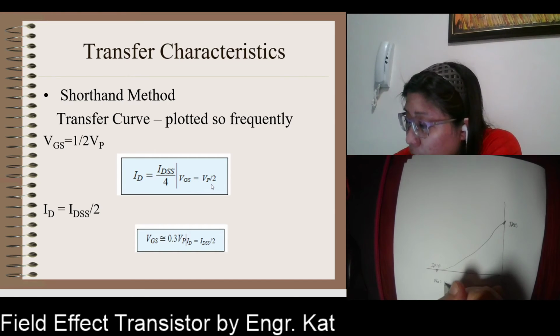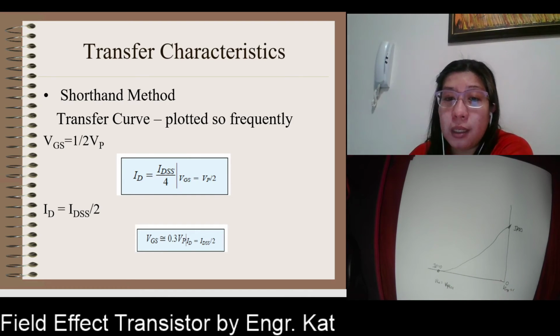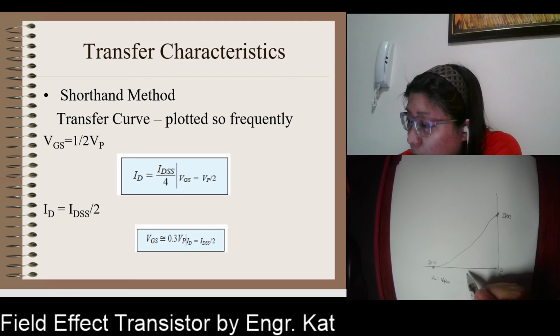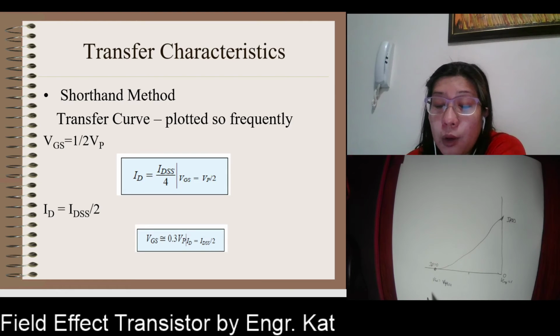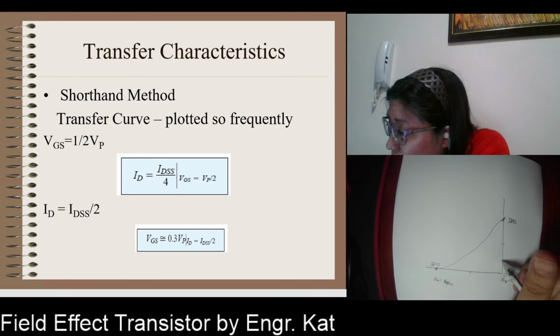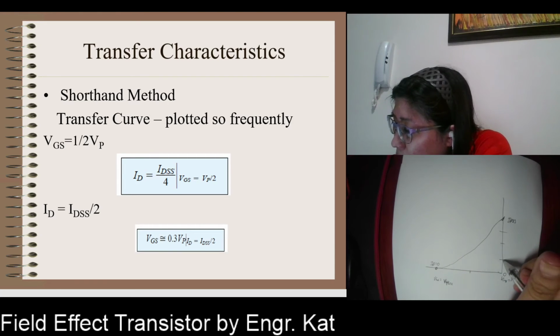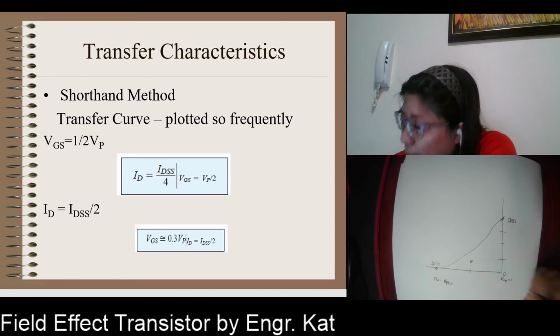So this is your VGS equal to your VP. When your VGS is equal to half of your VP, let us say this is half of your VP, your ID is equal to 1/4. So this is 1/4, and sometimes you have a point here.